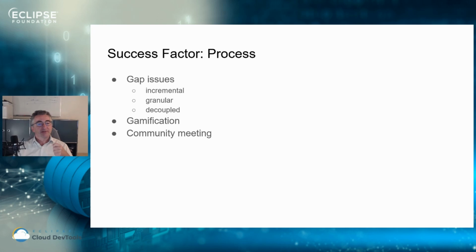You can do stuff whenever you have time and budget, right? So that makes it easy to contribute. And they're usually very granular. So the increment that you can do is very little. So if you want to get started, you do something very small. If you have a bigger budget, you can do a bigger part. But usually there's a small, easy to get started way to get in. And it's decoupled. As I said, anyone can join in and just sign up for an issue. There's really no coordination effort usually.